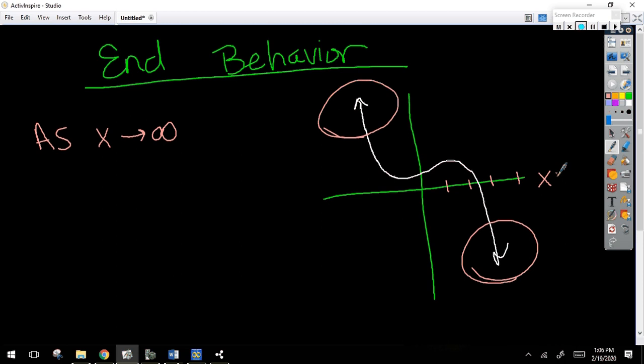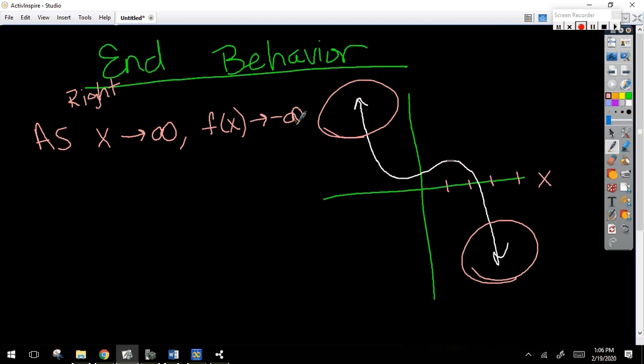So if I said as x approaches infinity, this is telling me the right side of the graph. What does the graph itself, which I'm going to call f of x, what do you think it approaches? So now think about y. It's going down.